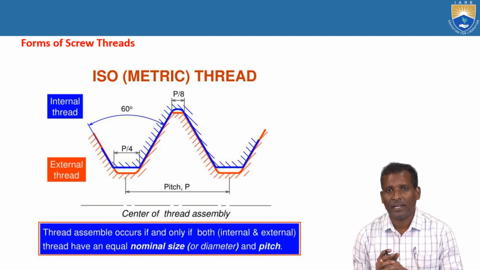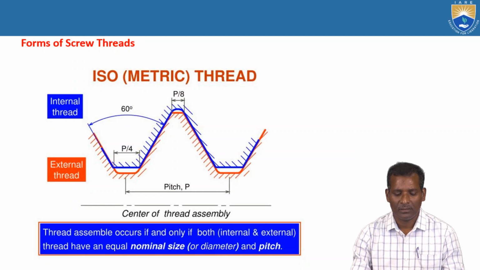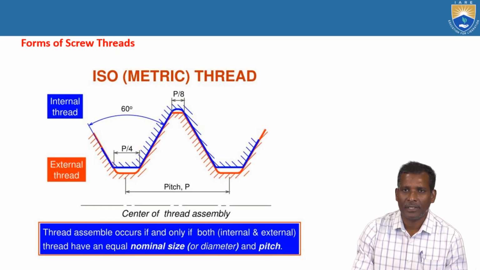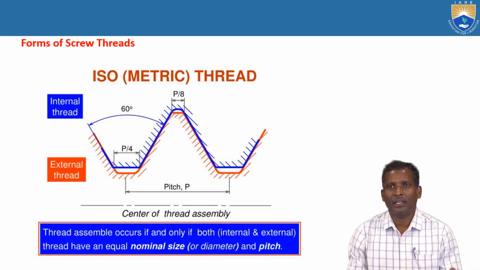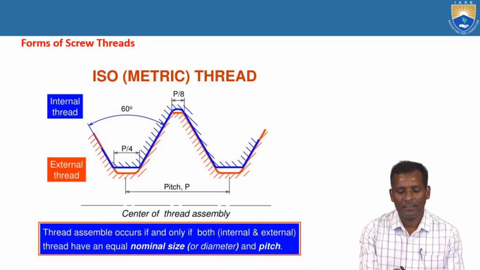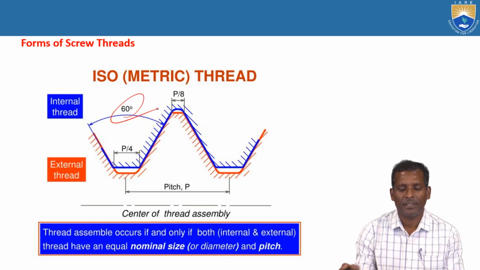Only then can they assemble, whenever they have equal nominal diameter. In this metric type thread, the thread angle is 60 degrees.